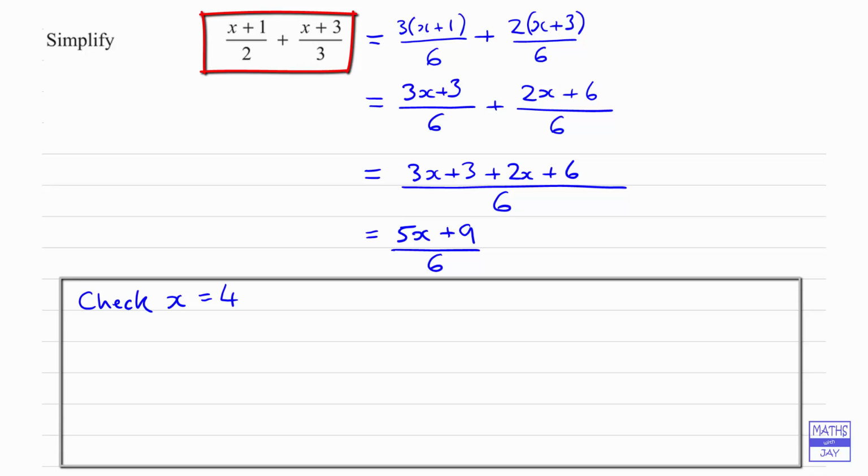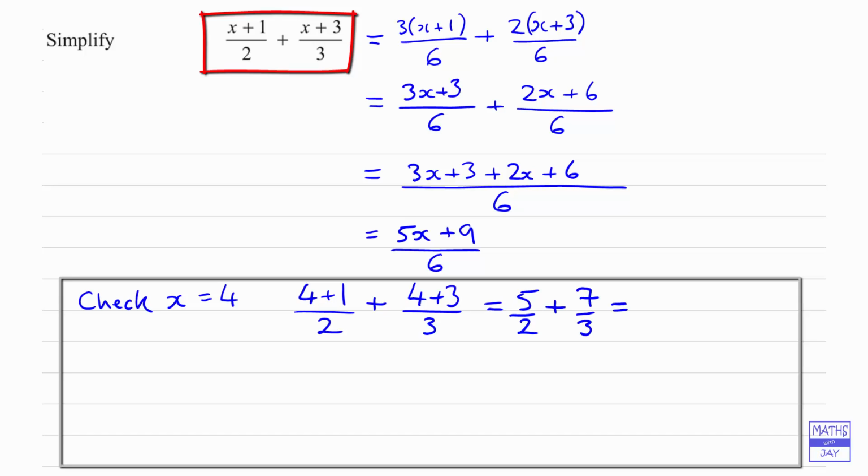So x plus 1 is 4 plus 1, over 2. And then x plus 3 is 4 plus 3, over 3. That's my original expression with the x's replaced by 4. Now let's work out what that's going to be. 4 plus 1 is 5, and 4 plus 3 is 7.